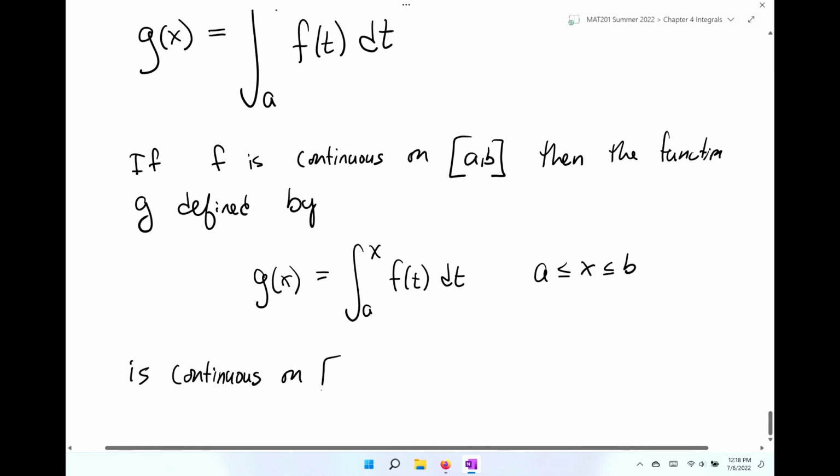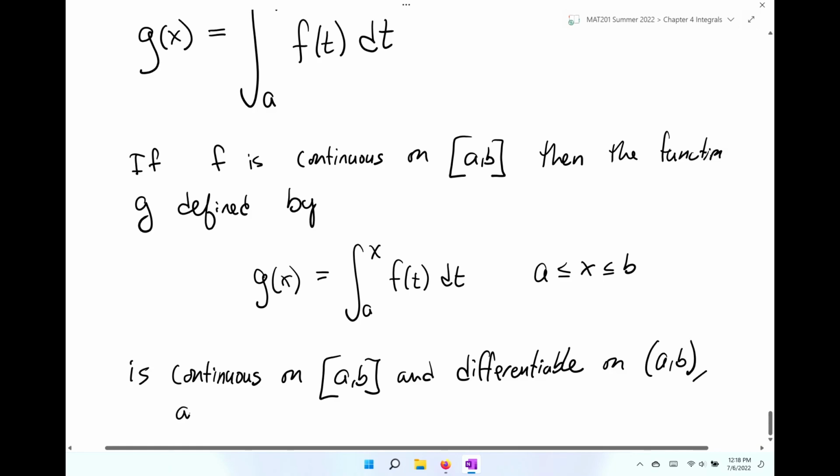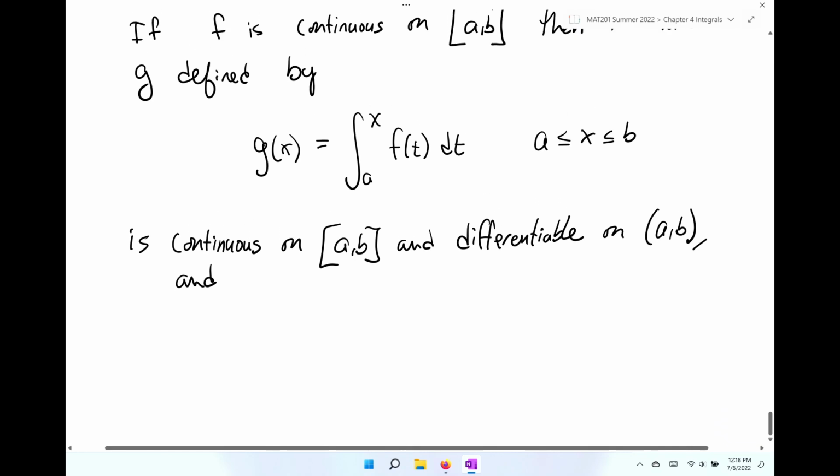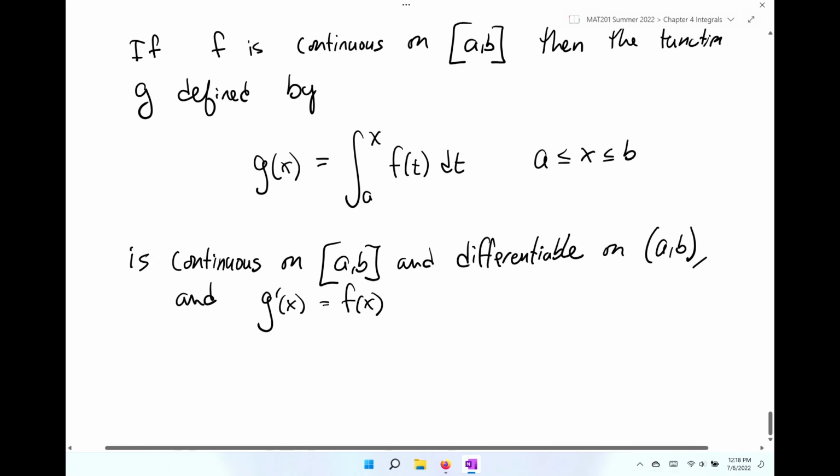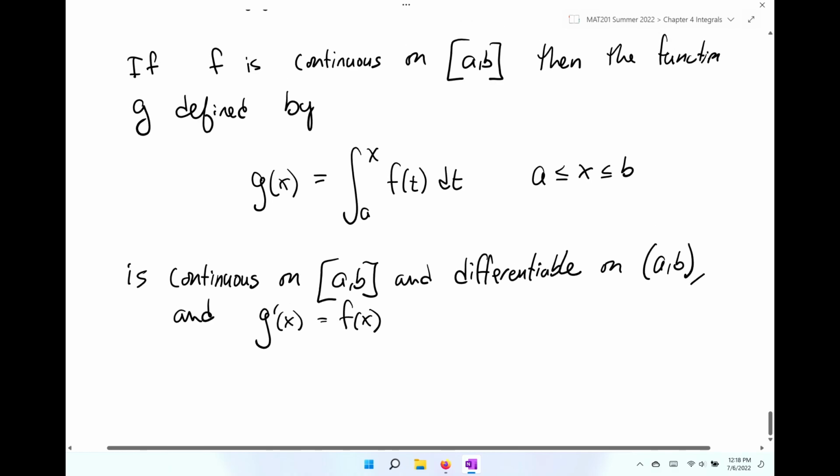on the closed interval from a to b, and this is the biggie, differentiable on the open interval. And what this implies is that the derivative of g of x is going to equal f of x. So here's what this is saying in a nutshell.